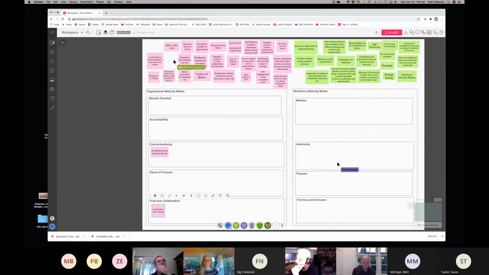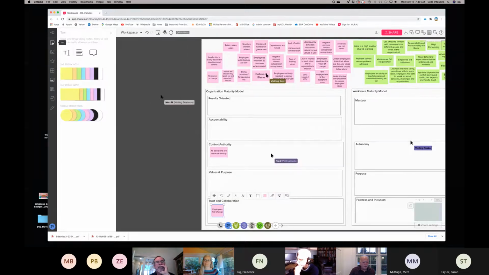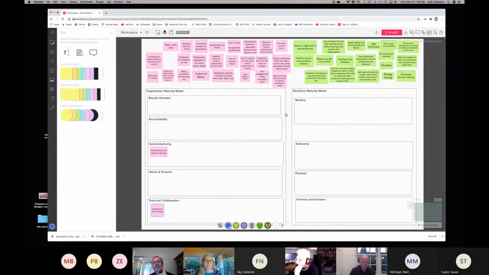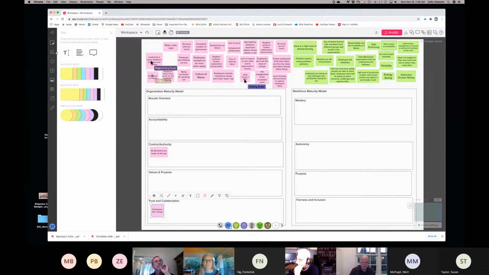So if you click on the left side of your window, you see the menu that says text. When you click on it, you should have something like this appear. It's on the left, under the black.